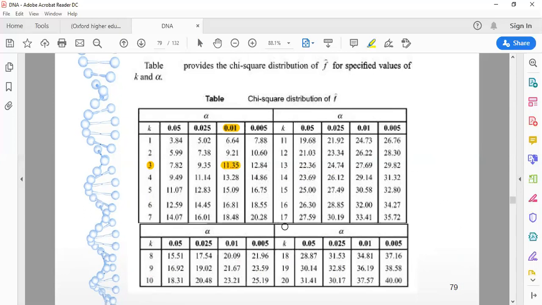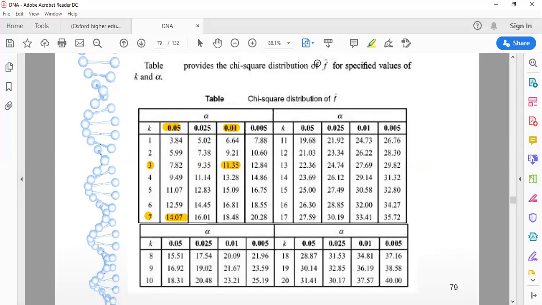So by observing this table, we will come to know the value of the chi-square distribution. Suppose now k is equal to 7 and alpha is equal to 0.05, then 14.07 will be the value of chi-square.